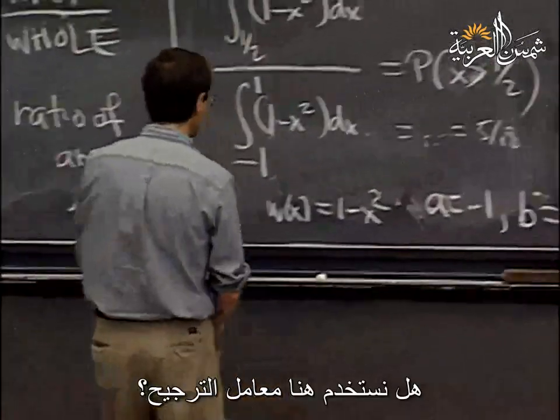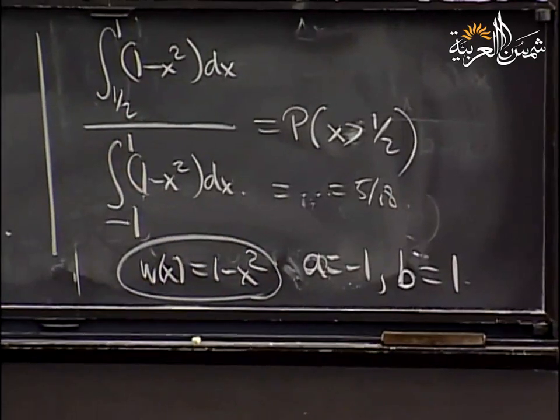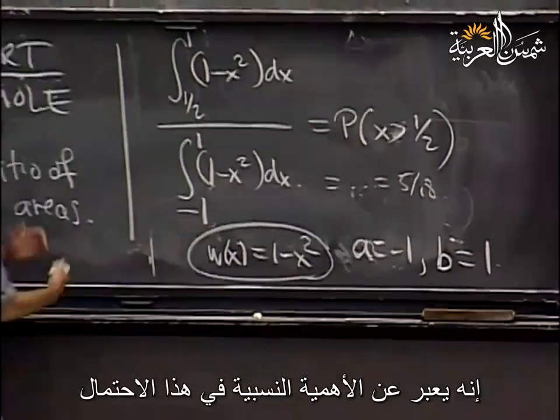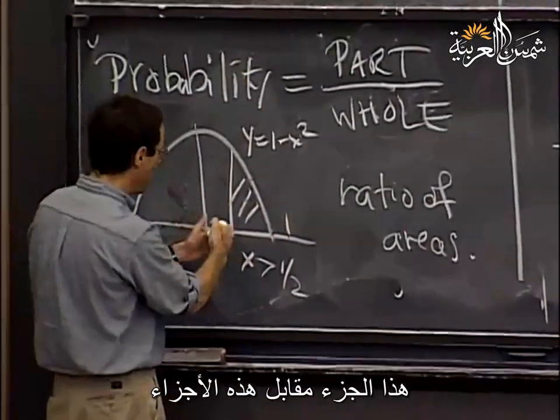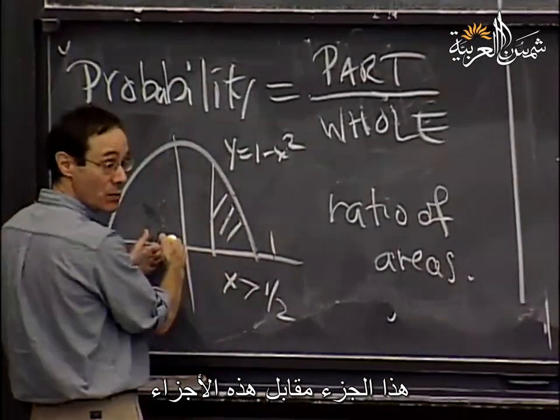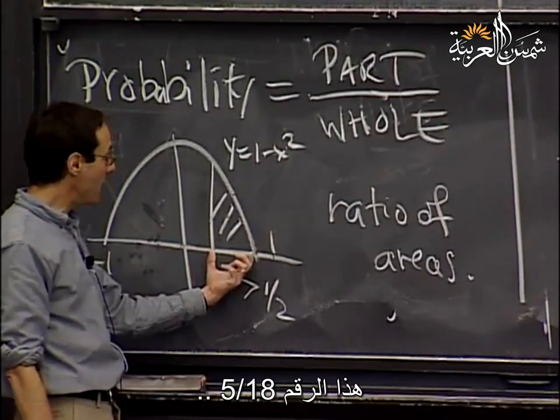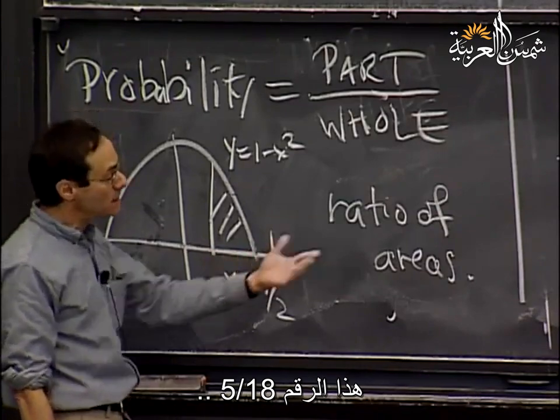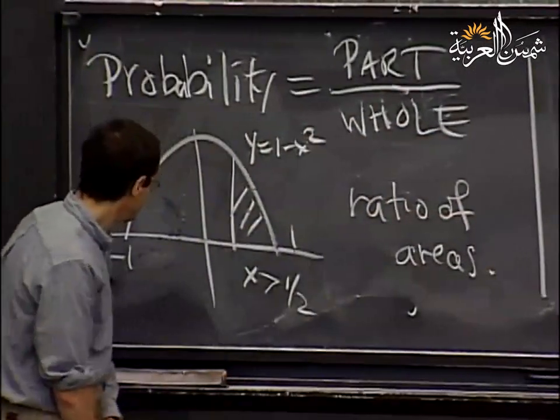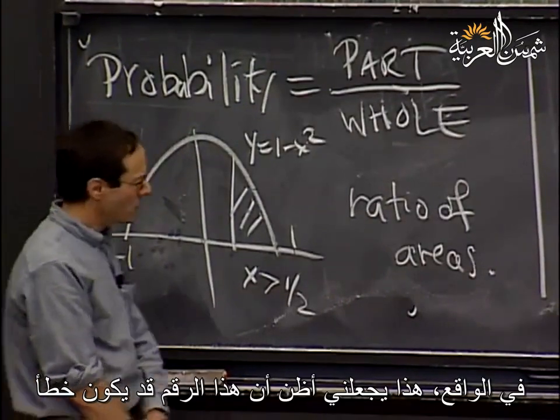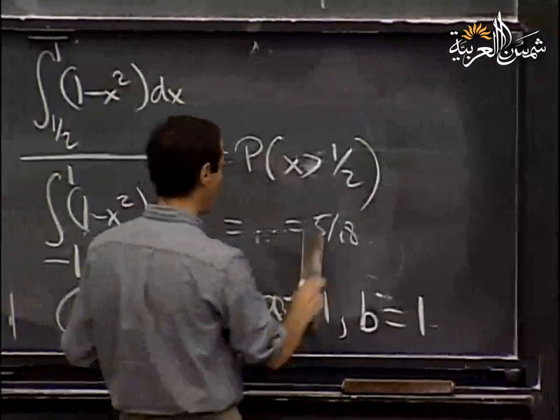This has something to do with weighting factors. Here's the weight factor. Well, it's the relative importance, from the point of view of this probability, of these places versus those. This is a weighting factor because it's telling me that in some sense, this number, 5/18, actually makes me think that this number is probably wrong.